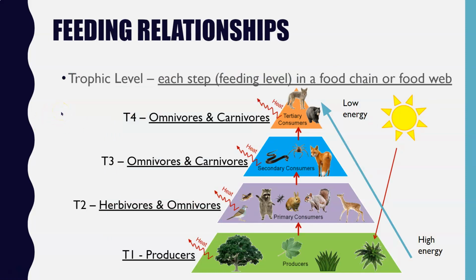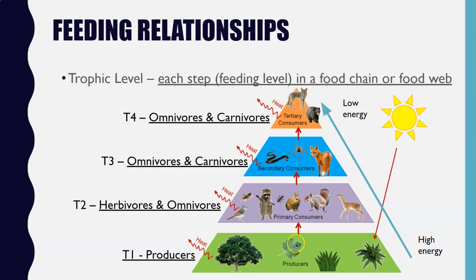So as you go up across a food chain or into a food web, you're going to start seeing different feeding levels. We call those trophic levels. Your producers are at the bottom, or trophic level 1 or T1.